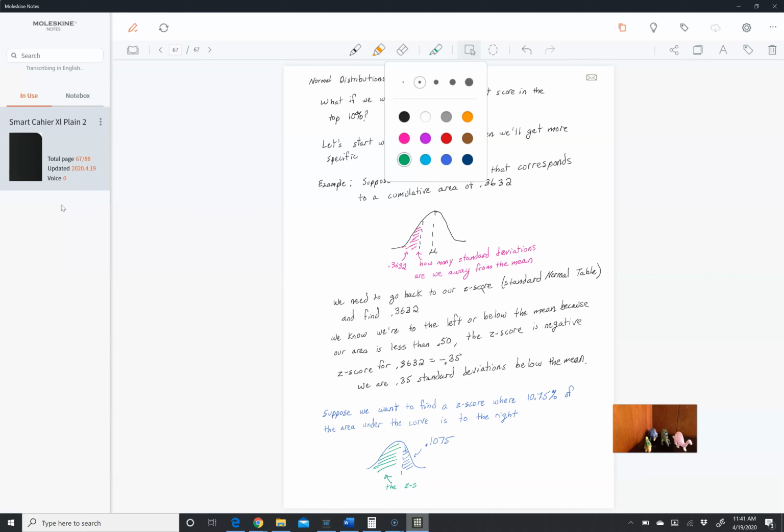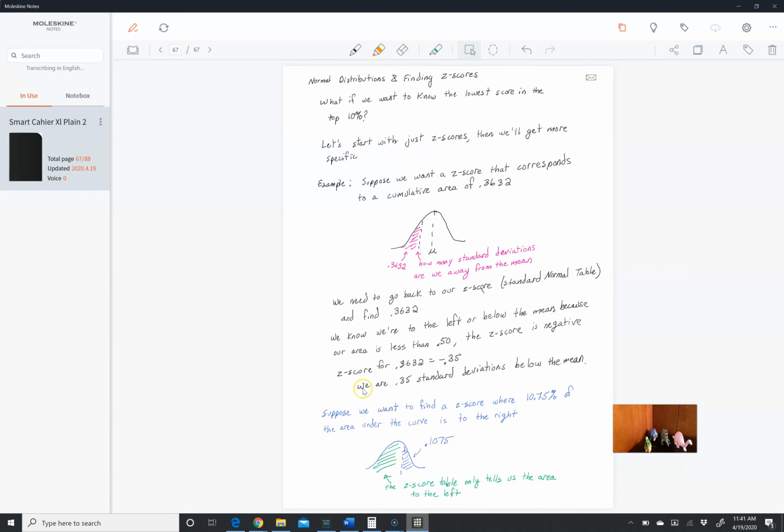So the z-score or standard normal table. So what that means is we have to find the area on the left. Okay, so to find the area on the left, remember, all we have to do is subtract from 1.